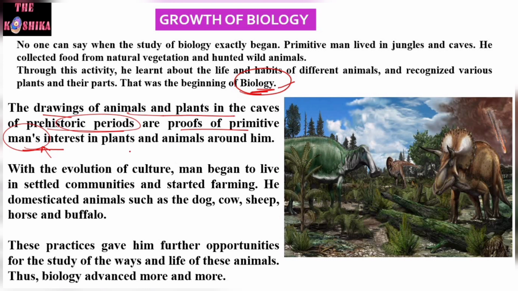So the prehistoric drawings, the art and craft inside the caves, are the exact proof of the interest of human beings in the plants and animals around us. We want to know more and more about them.